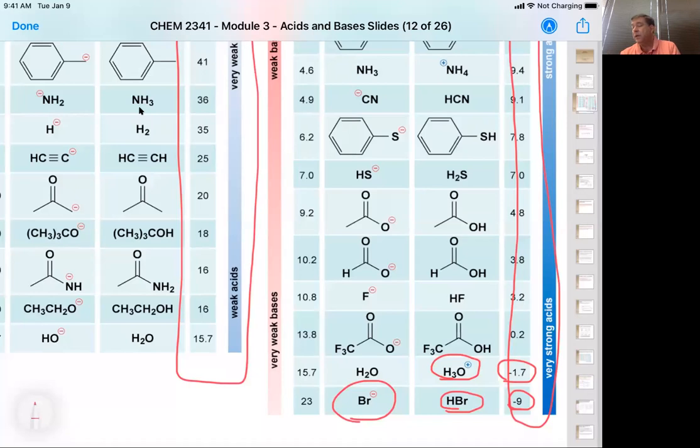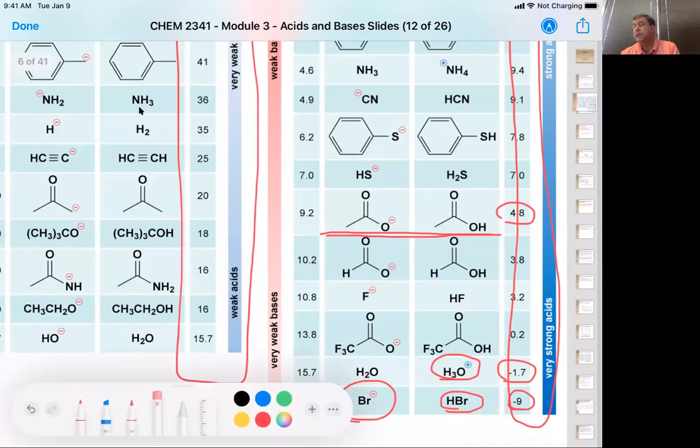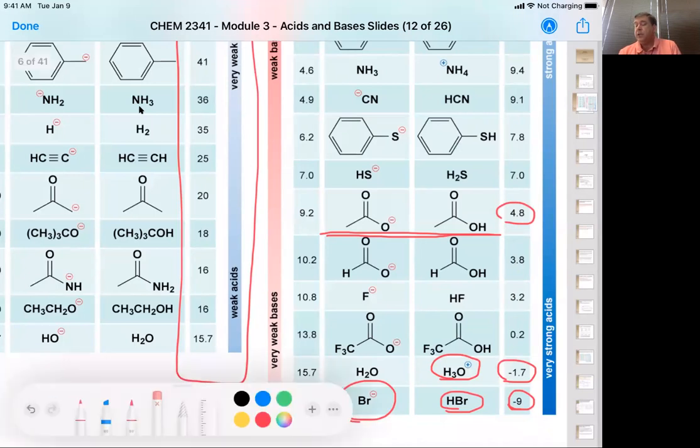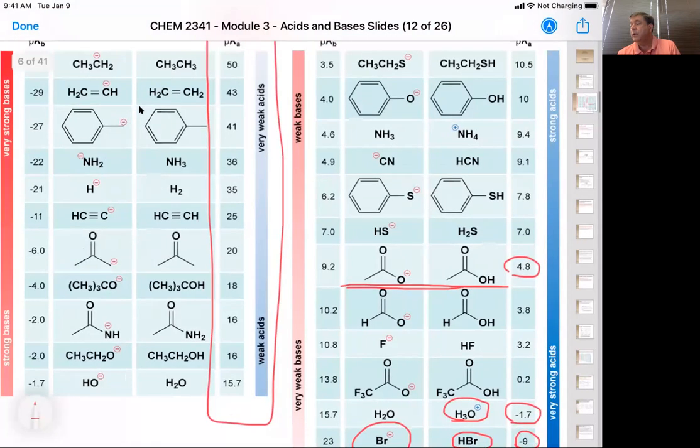So here we have our set of carboxylic acids. The first one we brought as a baseline here is acetic acid. Our carboxylic acid is at 4.8. So you might want to memorize this or learn it, that's kind of where our starting point is. Then as we go up, we have protonated ammonia at 9, and phenols are here at 10.